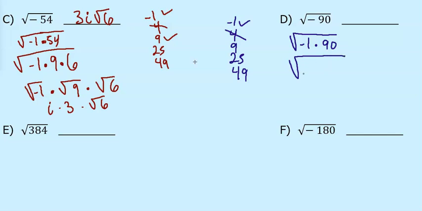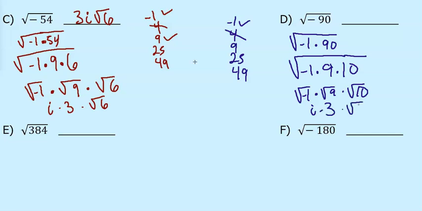So we can break that apart as -1 times 9 times 10. 10 can't be reduced. There's no perfect squares besides 1 in it. So we'll rewrite these. And then we have i, 3, and square root 10. So our simplified expression is 3i square root 10.